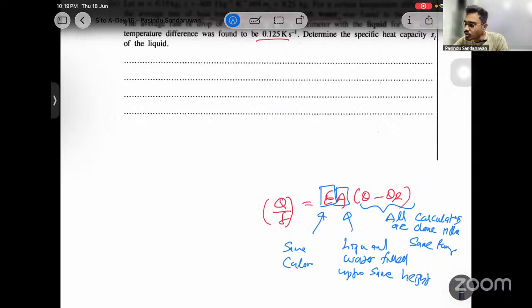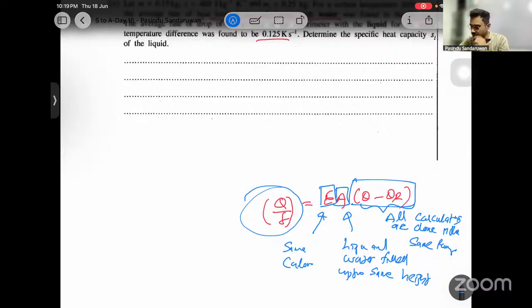Now, when all three are constant, Q over T must be constant. If all three on the right hand side are constants, then Q over T must be constant.